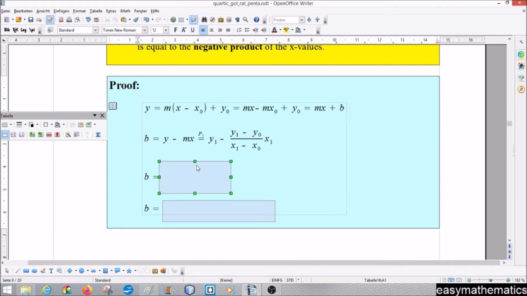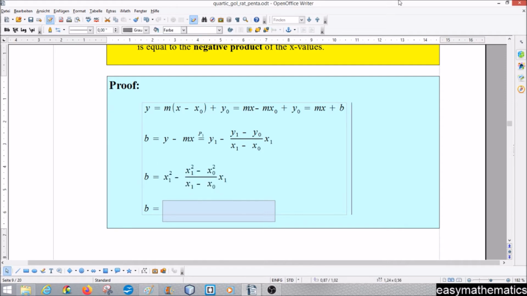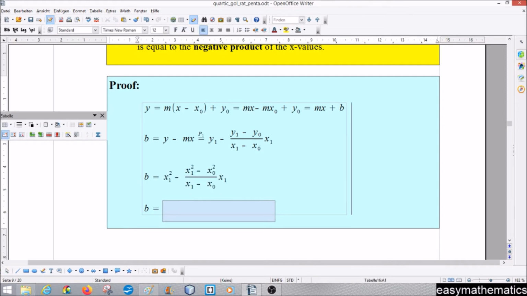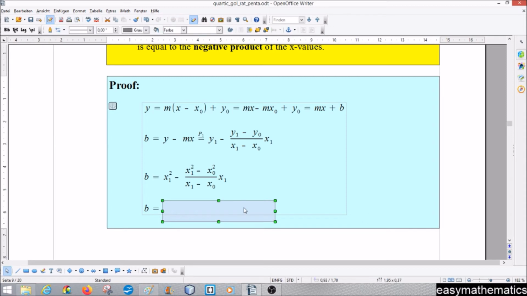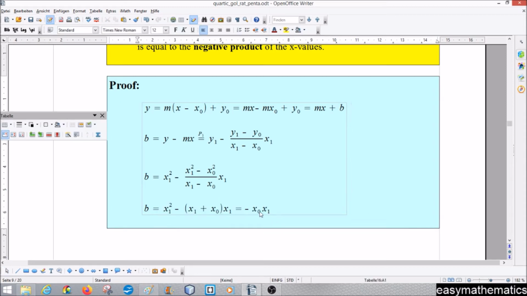Alright, what can we do here? y1 is x1 squared and y0 is x0 squared. We use the binomial formula, the difference of squares formula, and we get immediately the negative product.